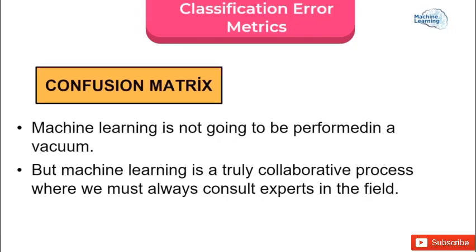For example, in the case of disease diagnosis, we should probably be talking to doctors as far as what our acceptable standards for false negatives versus false positives are. And this is going to change depending on the context of your situation. So just always keep this in mind. For me, it would not be an easy answer to say that this is a good enough accuracy or precision or recall, because it all depends on the context and scope of the situation.